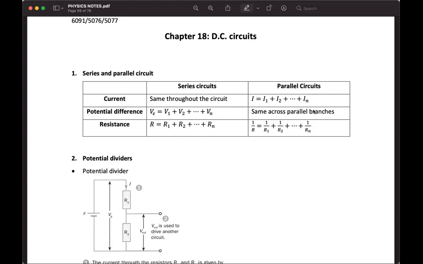Then resistance. So what does this mean? I think I've gone through this in the earlier lesson. If we have two resistors, the combined resistance total is R1 plus R2. You just add them up together. The effective resistance of two resistors in series, you just sum them up.